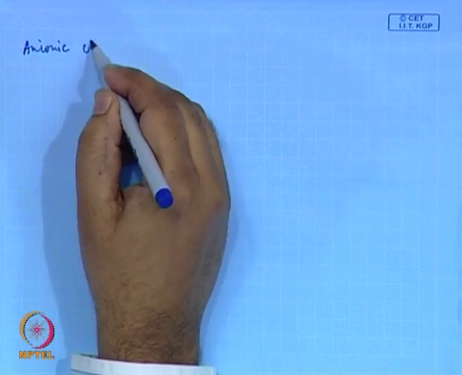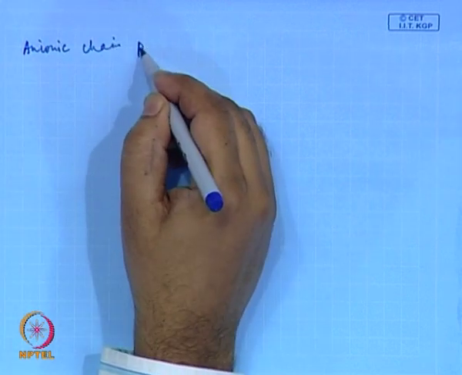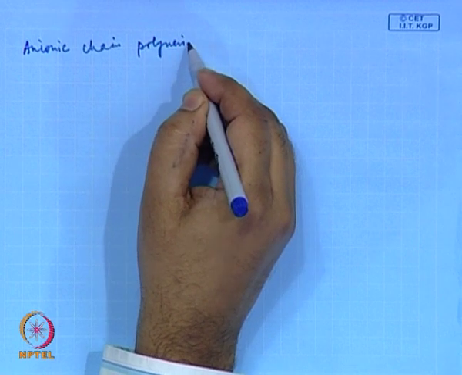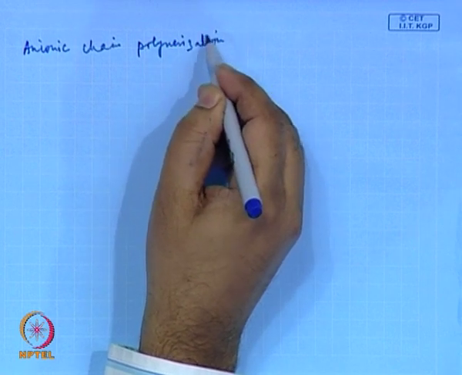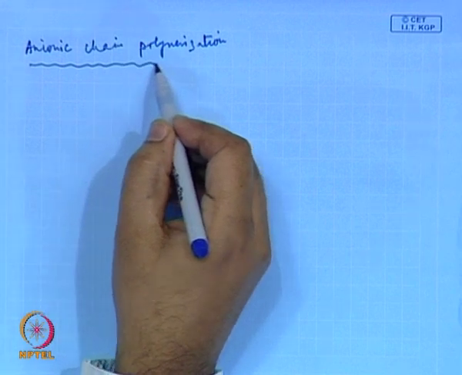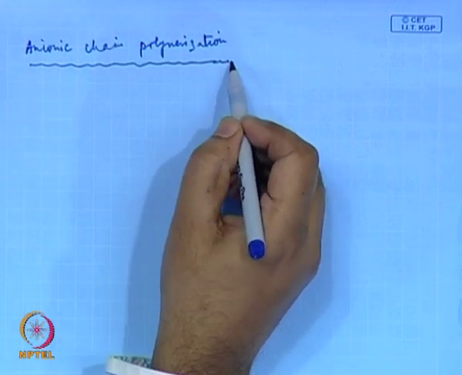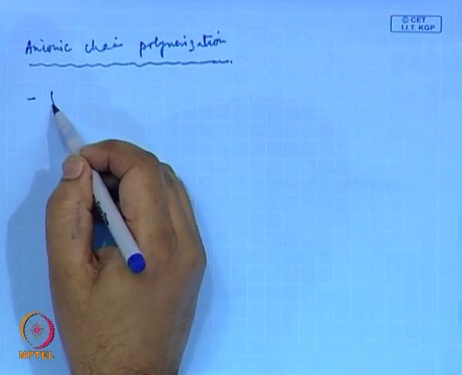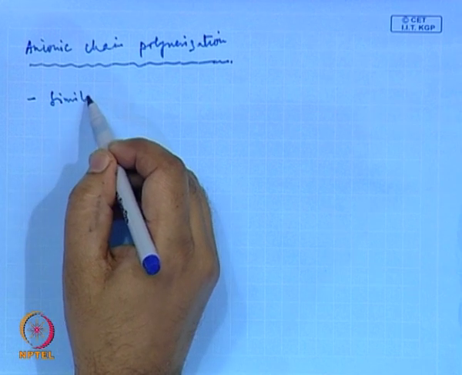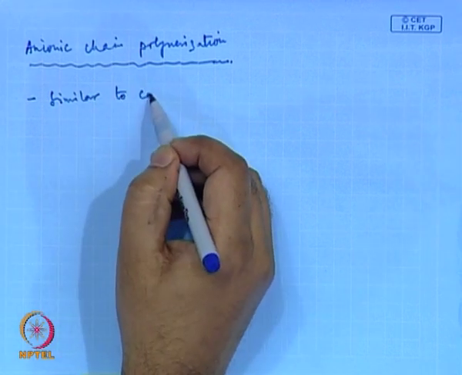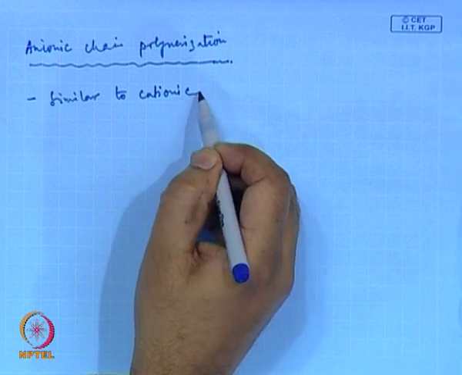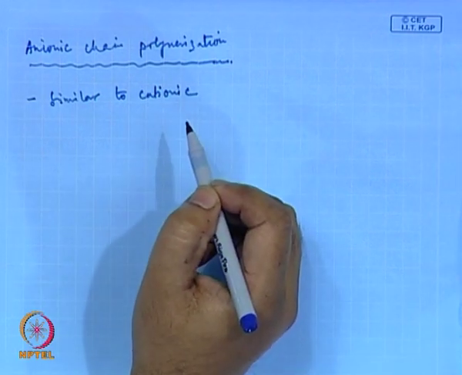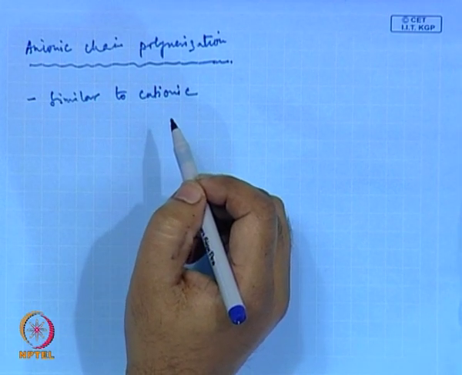anionic chain polymerization. Now, it is similar to cationic, but there are some significant differences as well.